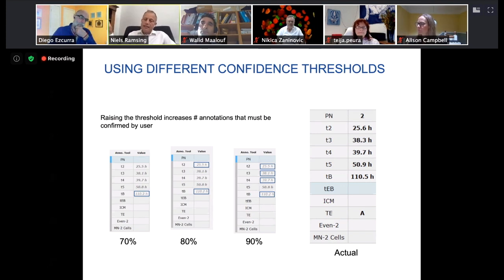What this means is that for cell division timings, for instance, where the computer is more than 90% sure, you can pass these in your subsequent validation step. If you set a threshold of 70%, then everything where it's more than 70% sure, you can pass very easily in the annotation step. You can always go back and validate what the computer does, but the mandatory validation can be reduced in this way.